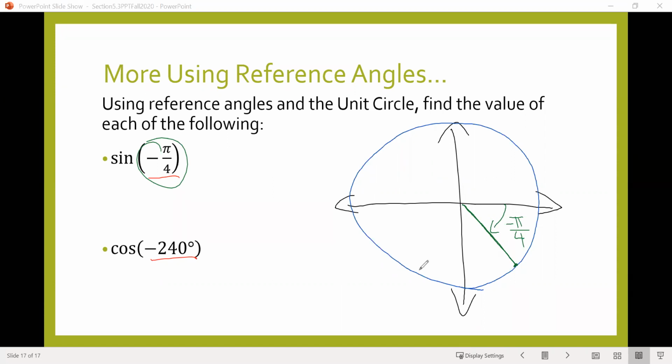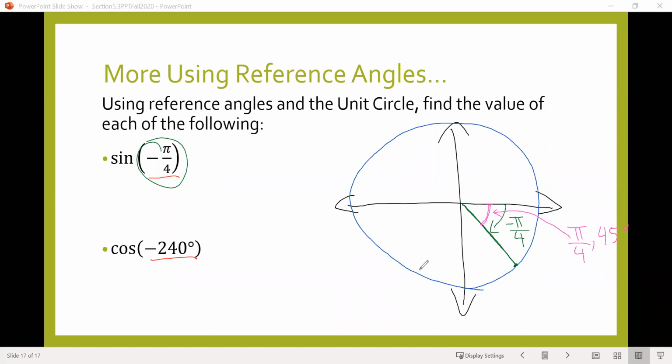Well, first of all, notice that because this angle is negative pi over 4, its reference angle, to measure the angle back to the horizontal, would be pi over 4, or 45 degrees. So what we really need to think about is what angle on the unit circle in the fourth quadrant down there has a reference angle of pi over 4 or 45 degrees.